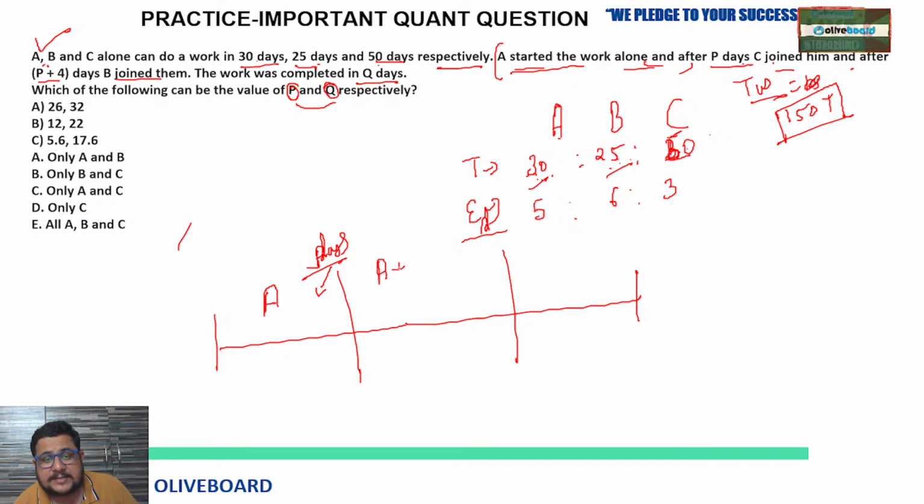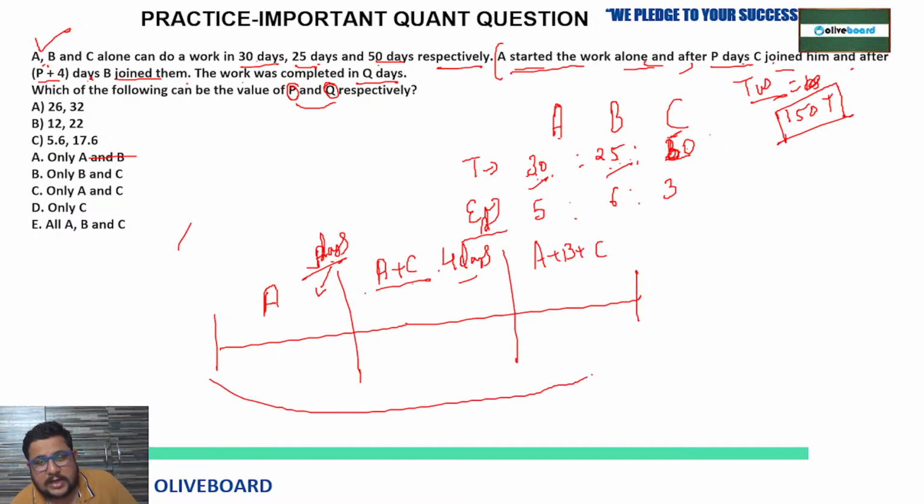So A plus C will work for how many days? After P plus 4 days B joined, so A and C both worked for 4 days, because after P plus 4 days B joined, making A plus B plus C. Now B joined them and the work was completed in Q days. So the total work is completed in Q days.